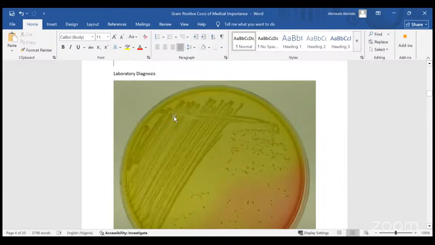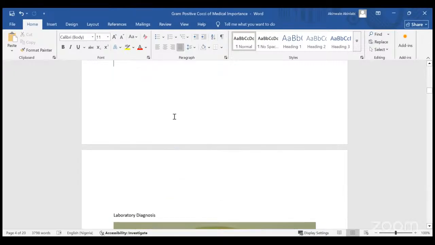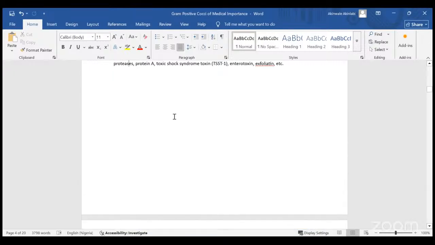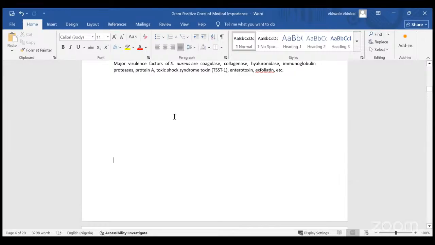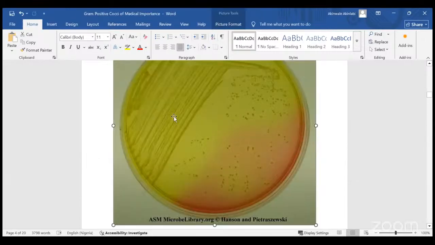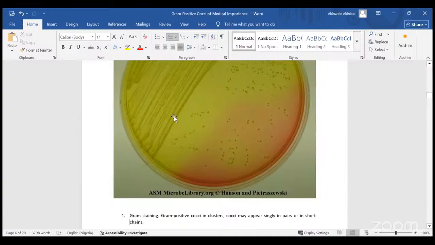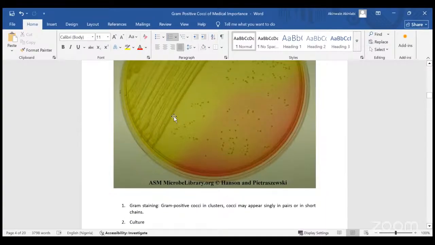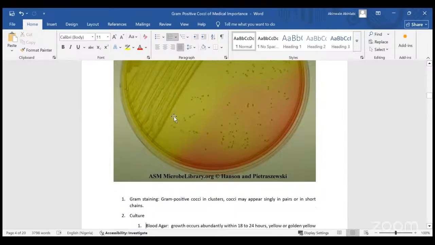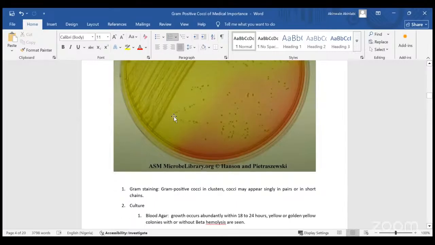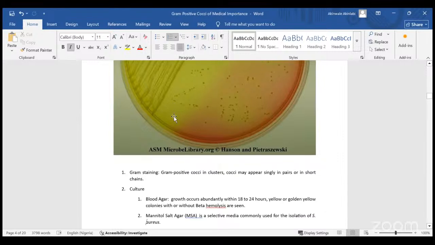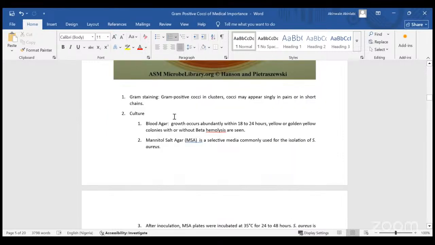Then, how do they look on the plates? The Staph aureus, this is how it looks on the plate. Look at it. When you culture it, this is how it looks like. Then, when you culture on the blood agar, the growth occurs abundantly within 18 to 24 hours.